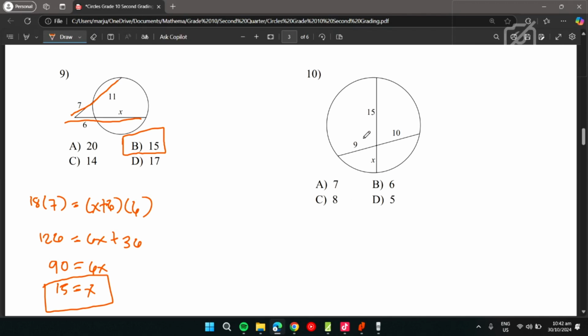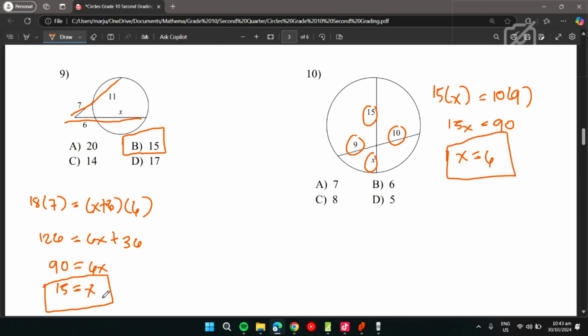Again, ang chord, pag ganito yung setup natin, part times part. So, meron tayong 15 times x is just equal to part times part, which is just 10 times 9. So, this is now 15x equals 90. And again, ano yung gagawin natin next? Divide everything by 15. So, x equals 6. So, that will be our answer for number 10, letter B.